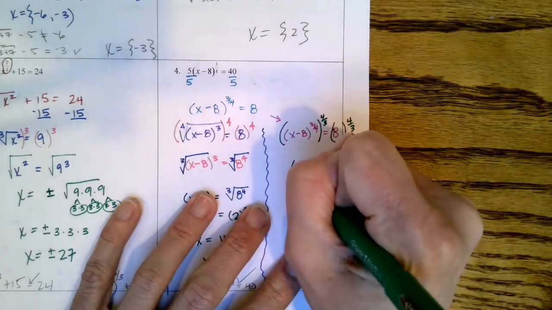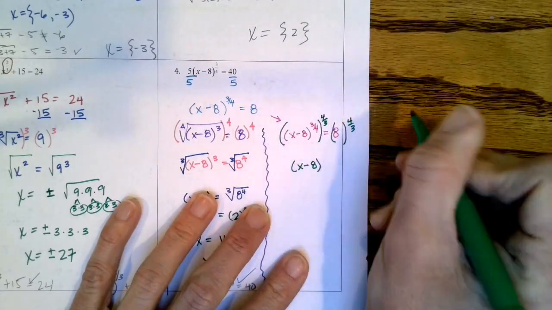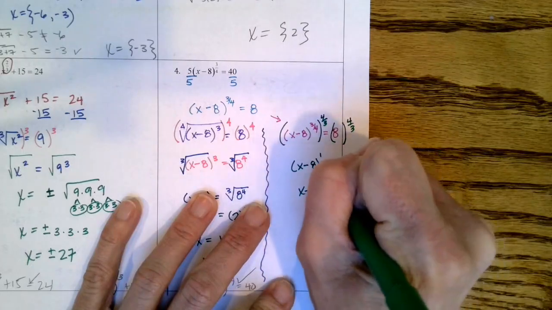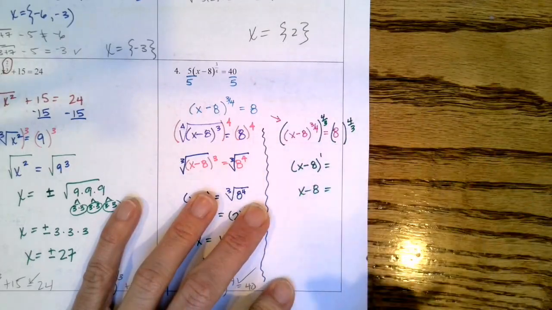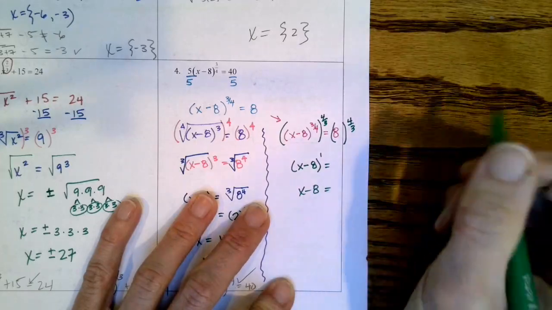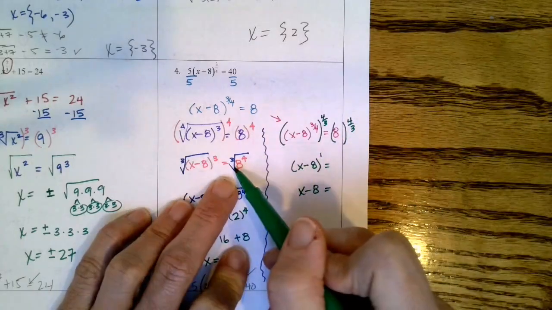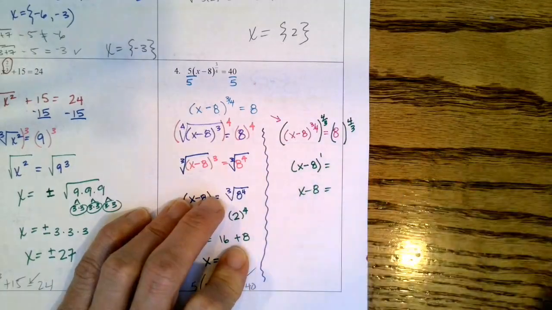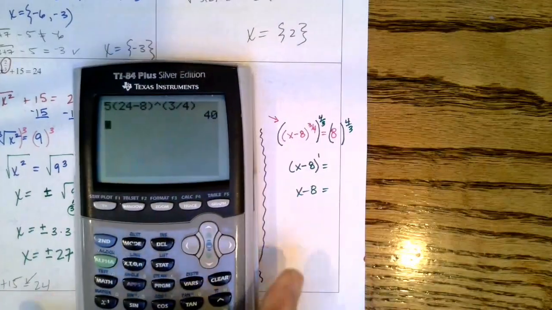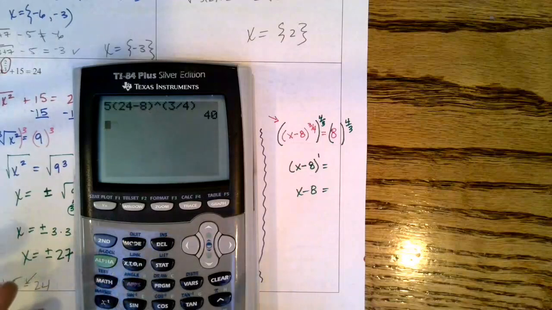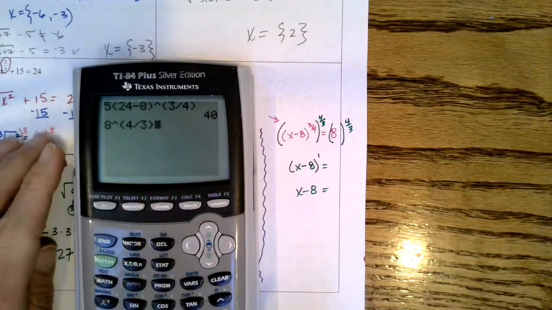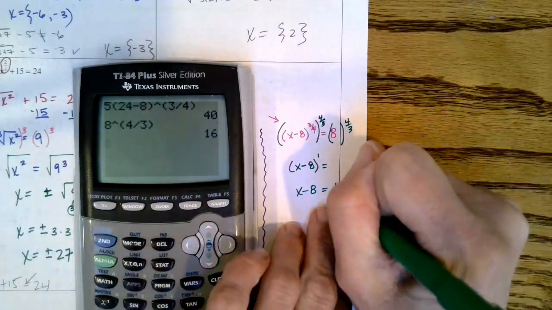So what I end up with here is x minus 8 to the first, which is just x minus 8. What do I end up with here? I end up with, check it out, it's right next door, the cube root of 8 to the 4th. If you have a calculator, you can go ahead and say, hey, what is 8 to the 4 divided by 3 power? Don't forget your parentheses if you have an older calculator.